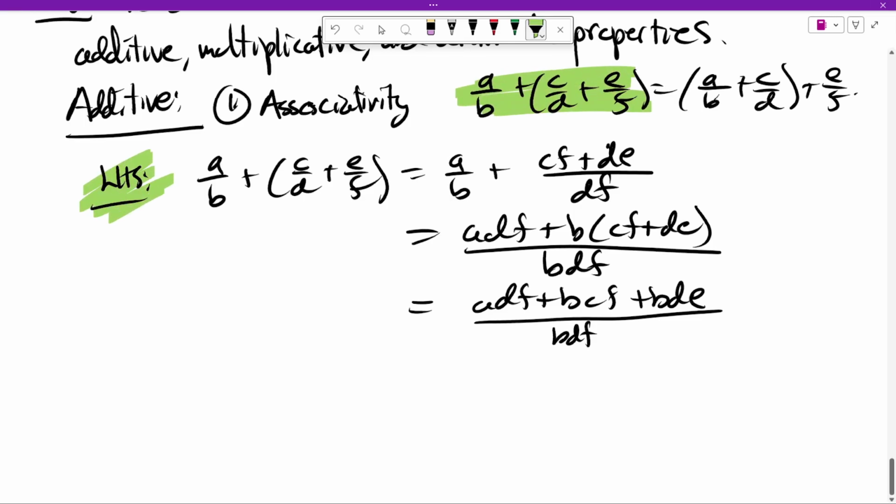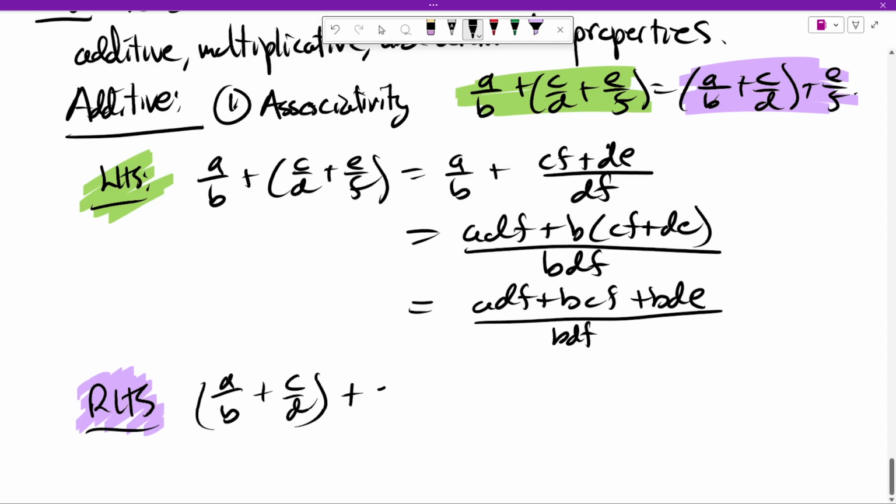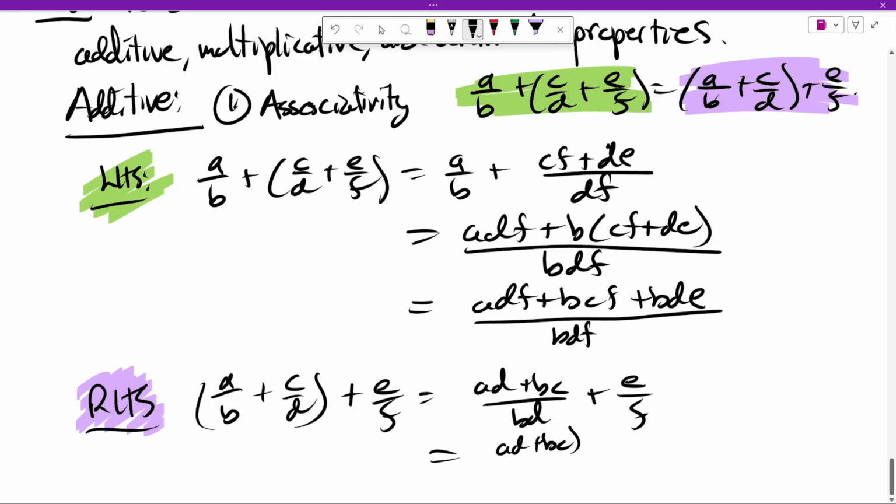Let's work on our right-hand side now. Our right-hand side is A over B plus C over D first, and then add in E over F. So that's AD plus BC over BD, and then plus E over F. Again, we multiply the F over, all over BDF.